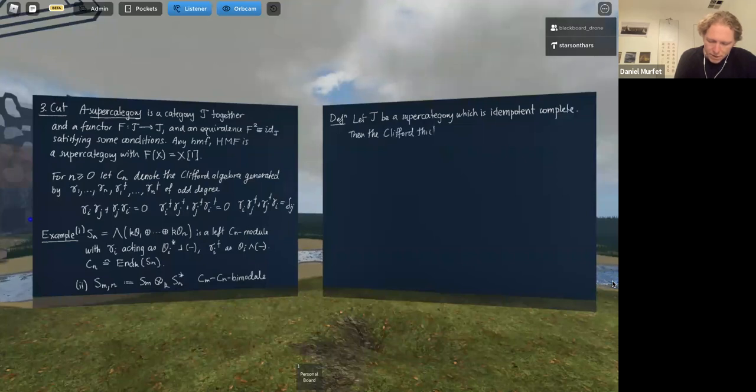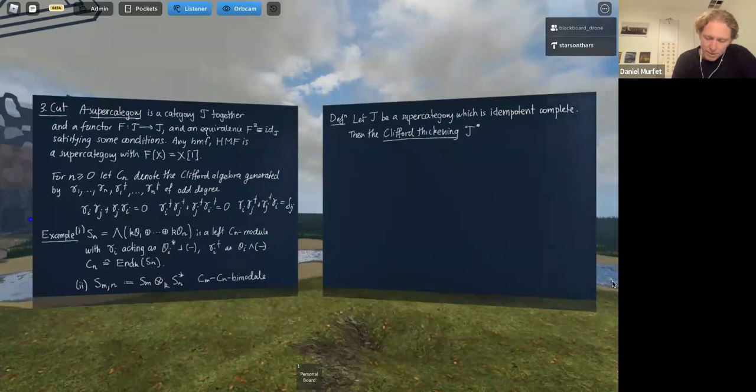The Clifford thickening, well, this is what I call it. It's very likely this has appeared somewhere that I'm just not aware of. So if you know another name for this, please let me know. The Clifford thickening, I'll write it as T bullet of T.